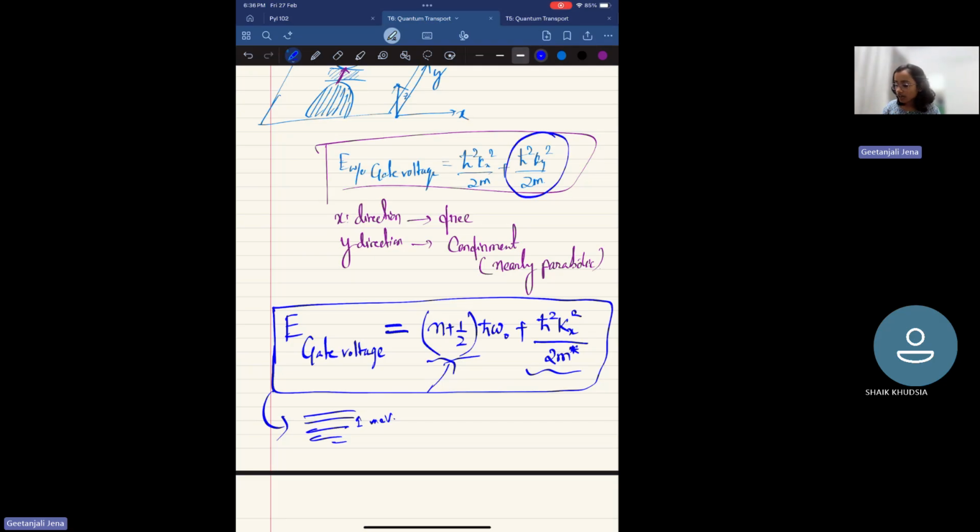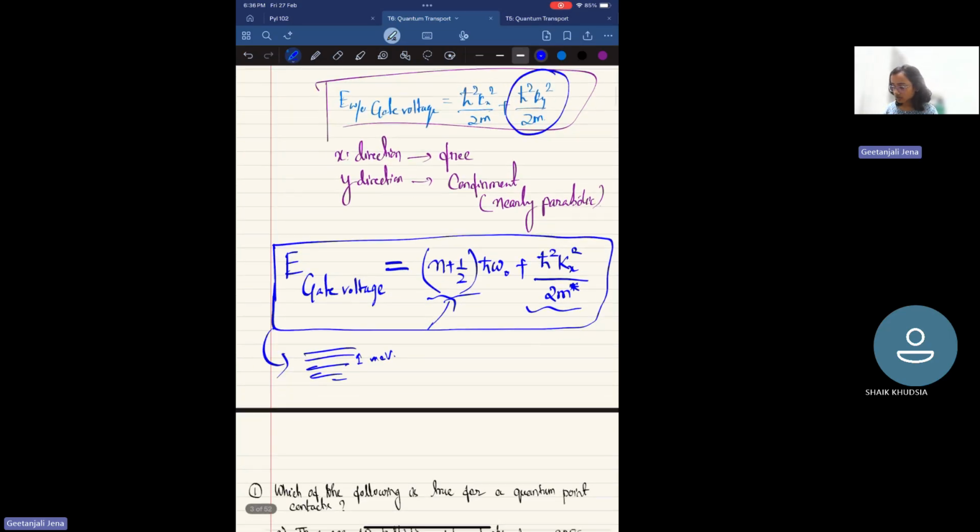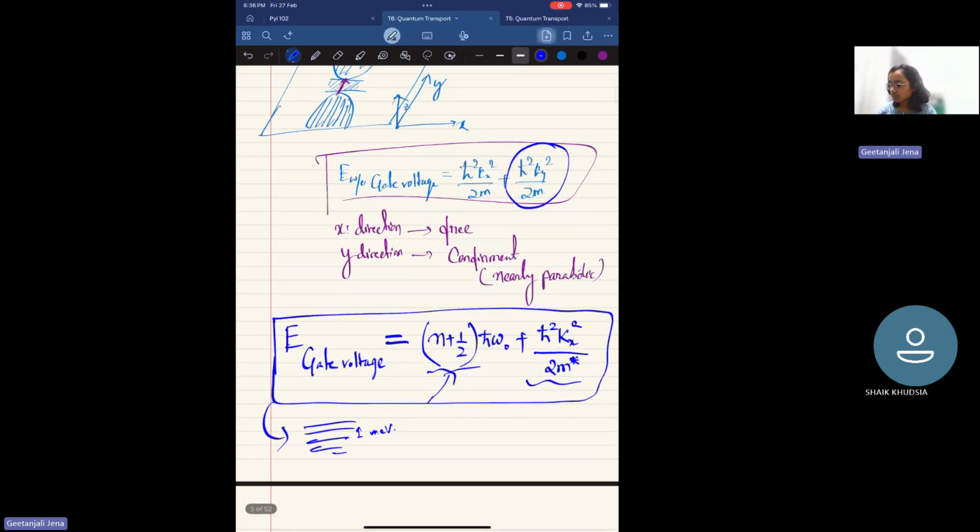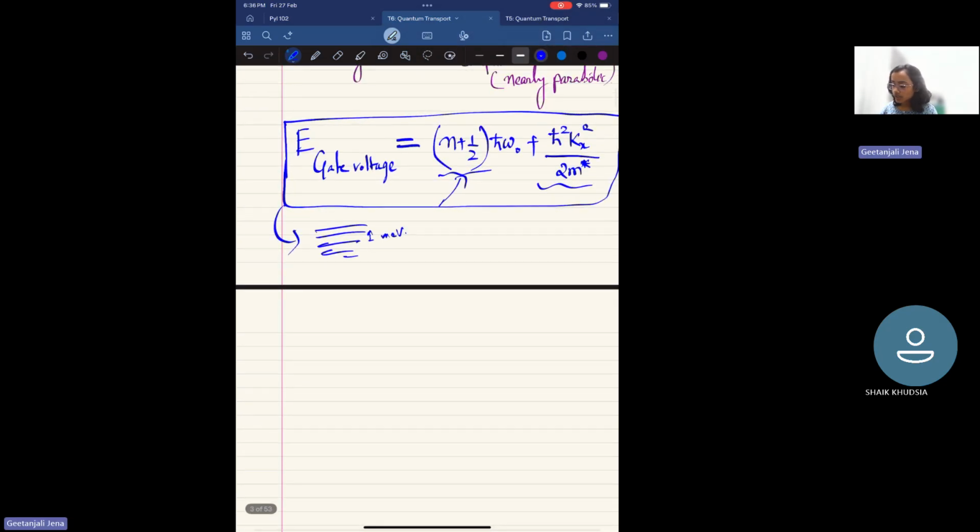To calculate the number of modes along this constriction direction, the y direction where the confinement effect is happening, you can use this formula.